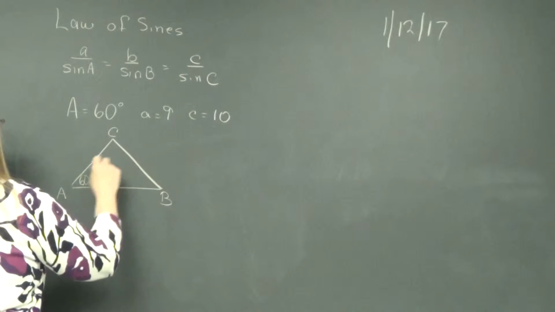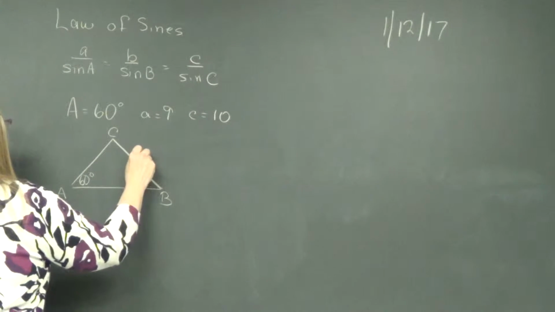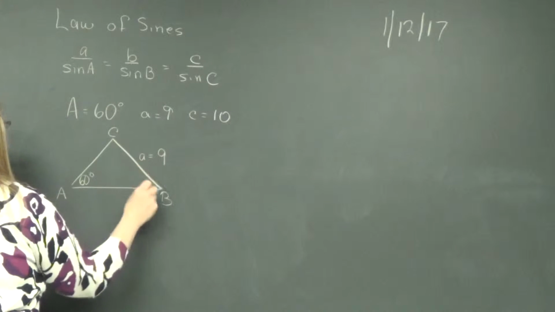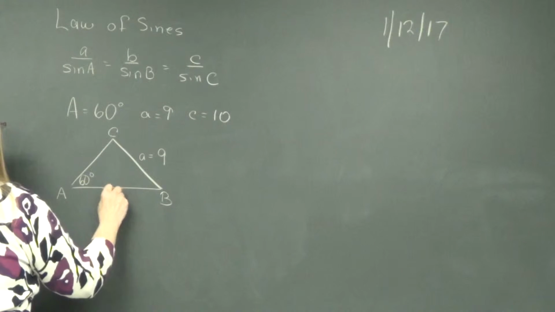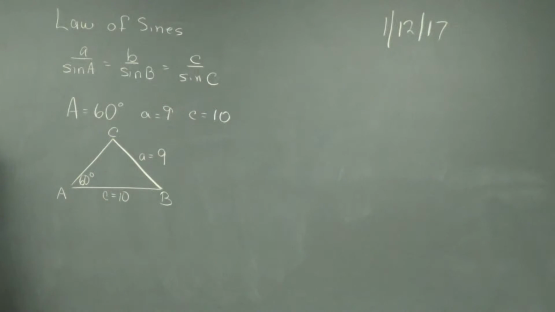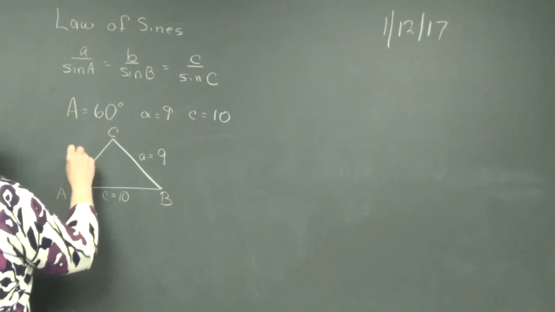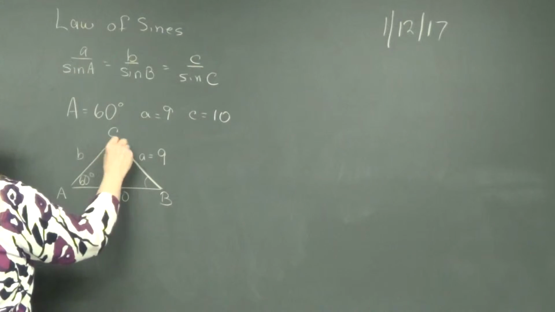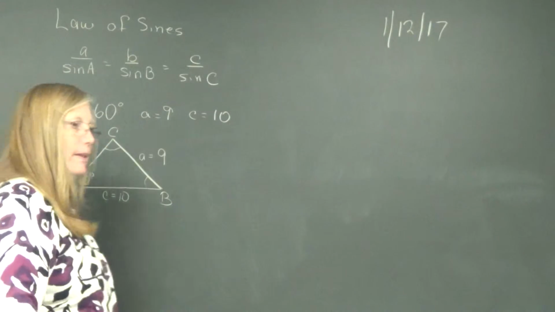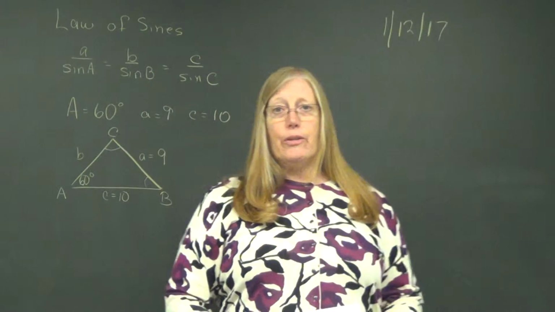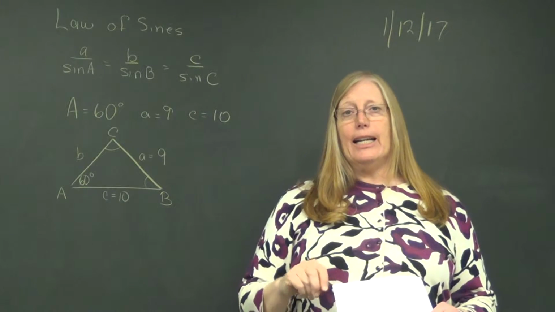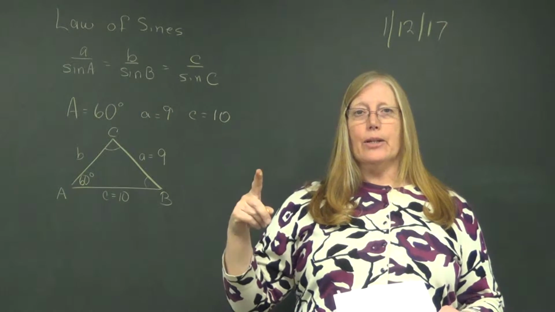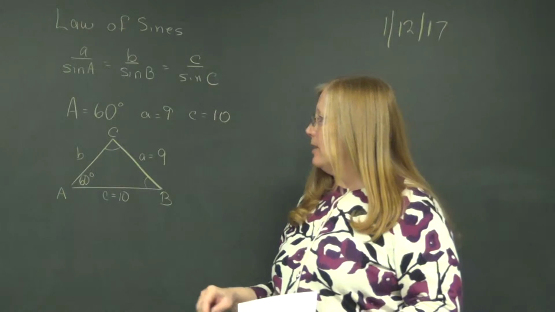So little a across from big A is 9, and little c across from big C is 10. So I have to come up with this part, which is little b, this angle, which is big B, and this angle, which is big C. The law of sines is used when we know a pair, that is a side and the angle opposite, which in this case we do.